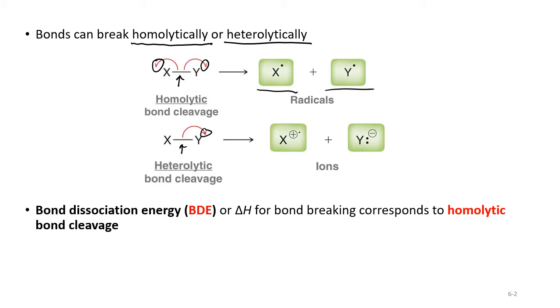And bond dissociation energy is simply the delta H value, or the change in heat energy for breaking a bond via homolytic bond cleavage. Now in the text, they have examples with tables of how to calculate this. You will not be required to calculate any bond dissociation energies or use them to calculate delta H for a reaction.